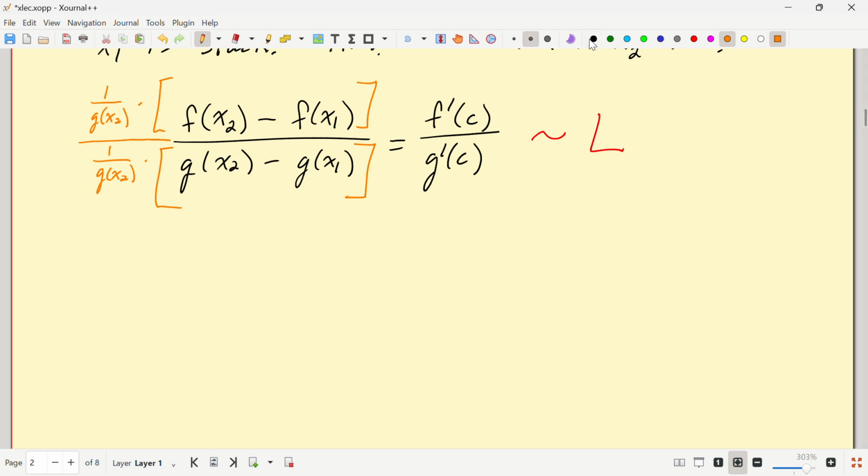And g of x goes to infinity, so that's a big number that I'm dividing by. On the top, I get f of x2 over g of x2 minus f of x1, which is just a number, divided by a gigantic number. That's interesting.